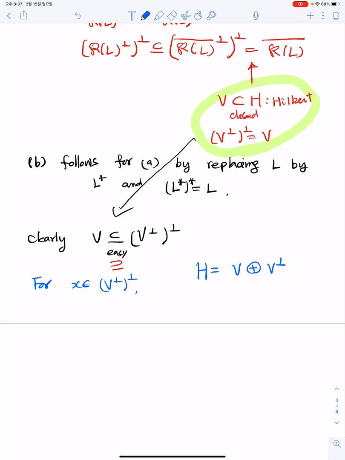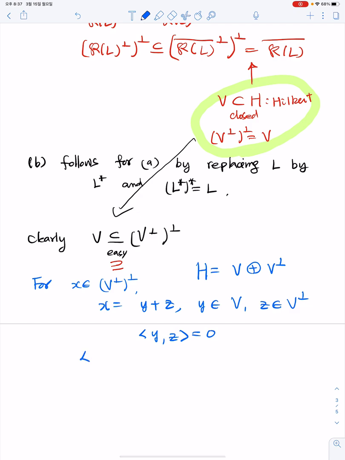So X is in H, so you can write X as Y plus Z, where Y is in V and Z is in V orthogonal. In that case, the inner product of Y and Z equals 0 because they are orthogonal to each other.